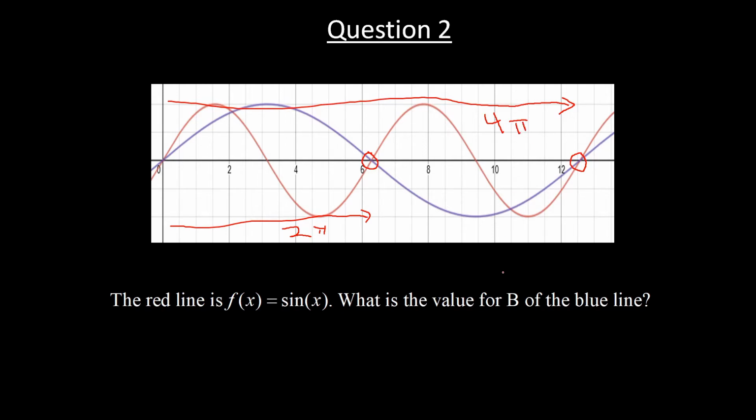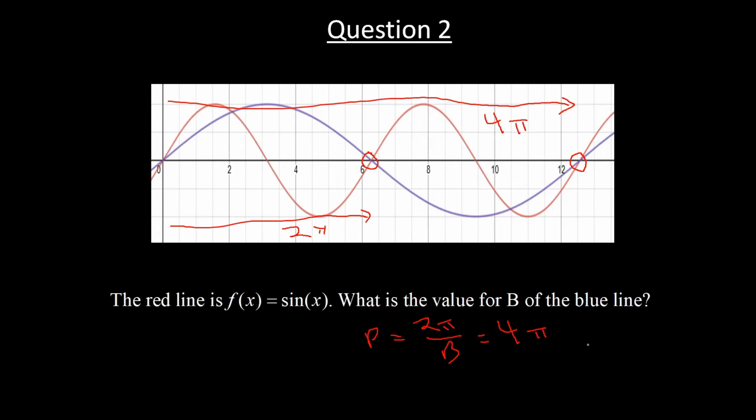Now we know the period is 2 pi over b. And by looking at the graph, we can see the period for the blue line is 4 pi.